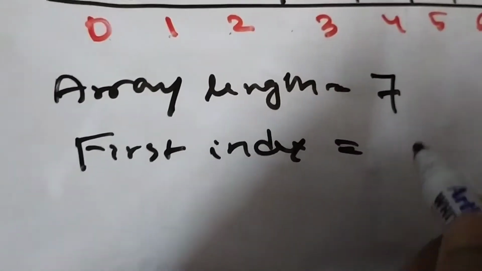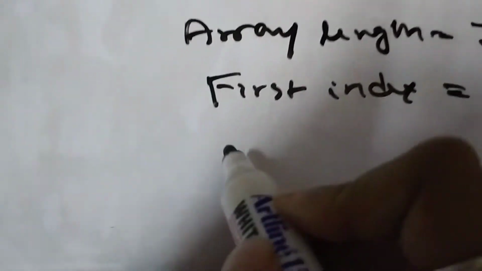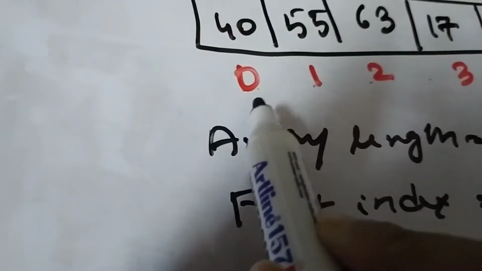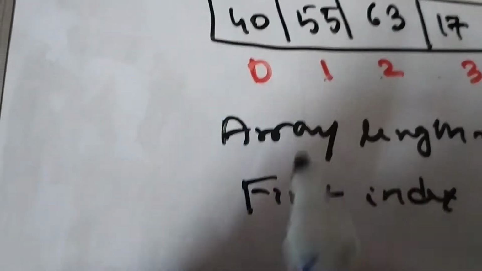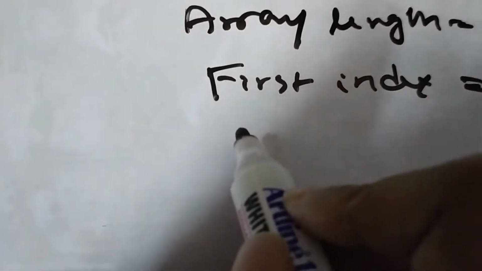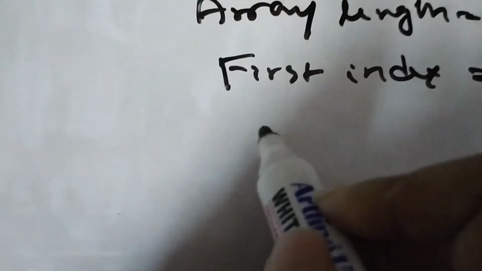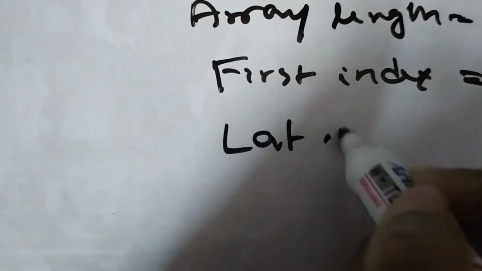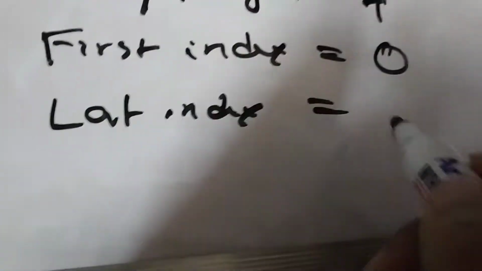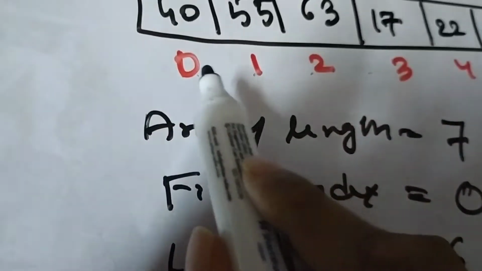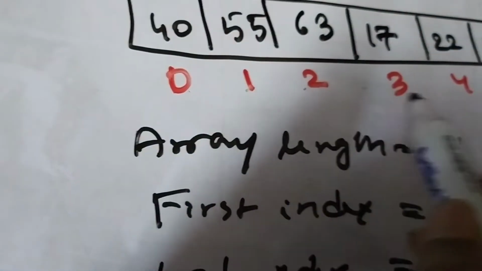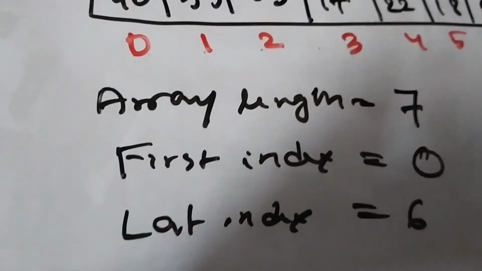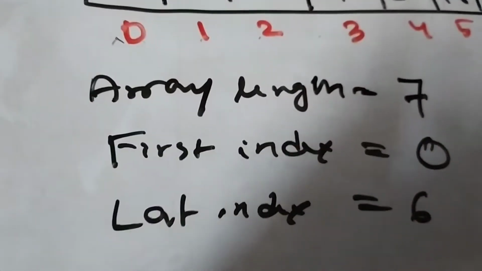The first index is 0 and the last index is 6, because these are the index numbers 0 to 6.